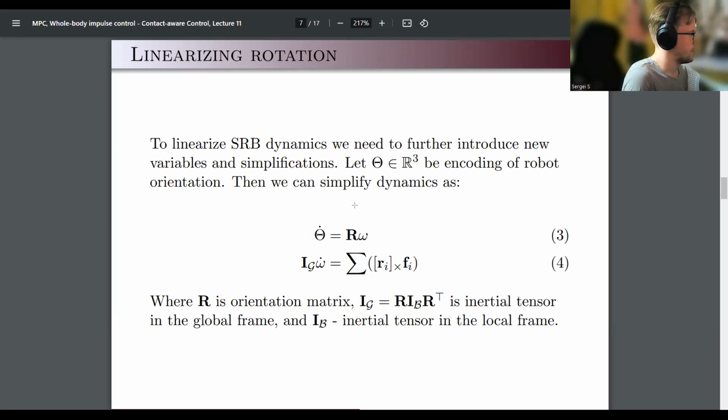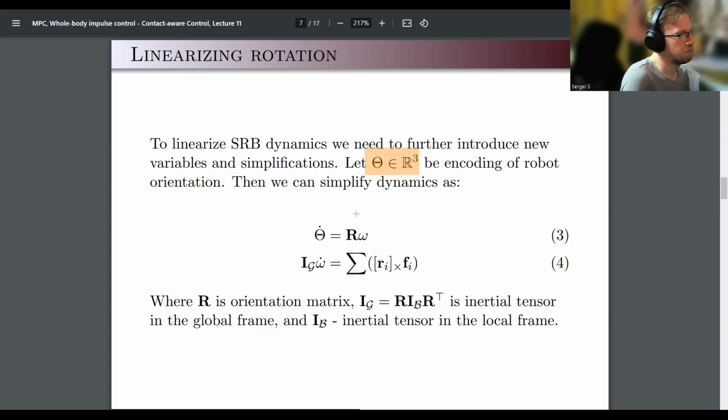Let us look at it. First, let us introduce three-dimensional parameters, 3 numbers that would encode orientation. You can think of it as Euler angles. It doesn't have to be Euler angles; it can be anything like Euler angles, just 3 parameters that encode orientation.